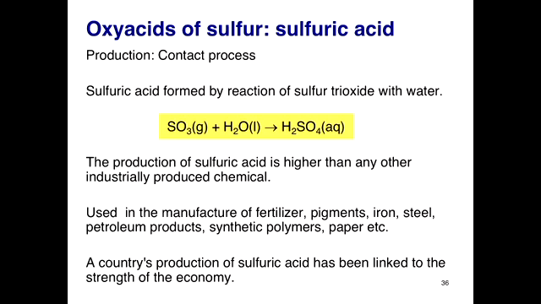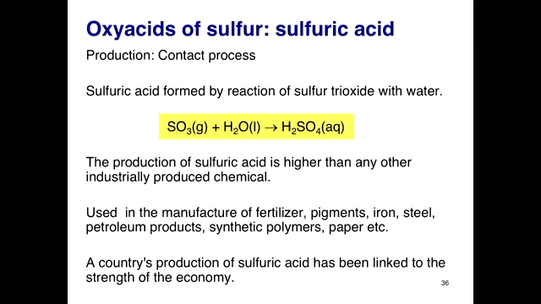But the production of sulphuric acid is higher than any other industrially produced chemical. That's because it's used in so many different technologies and industries. So in the manufacture of fertiliser, pigments, iron, steel, petroleum products, synthetic polymers, papers, etc., sulphuric acid is used. Why?